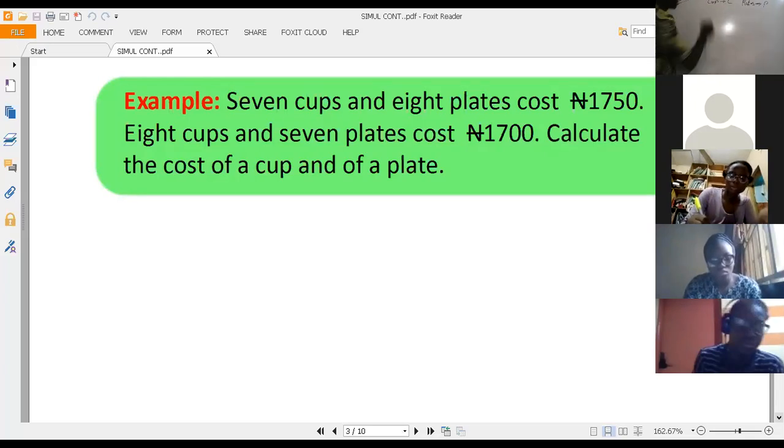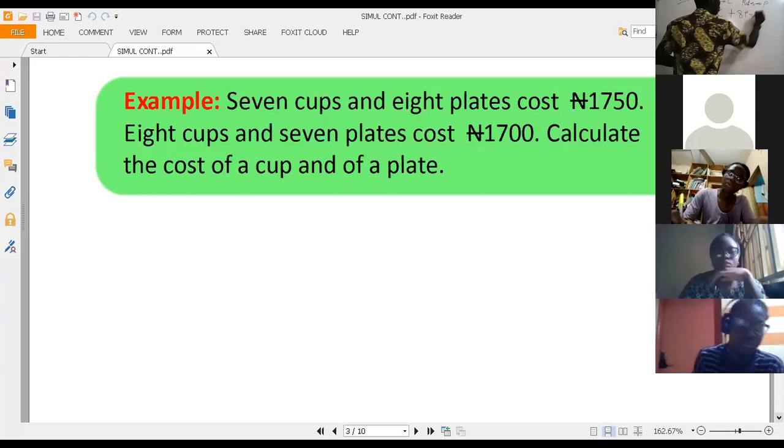So we can write that 7 cups plus 8 plates cost 1,750 naira.